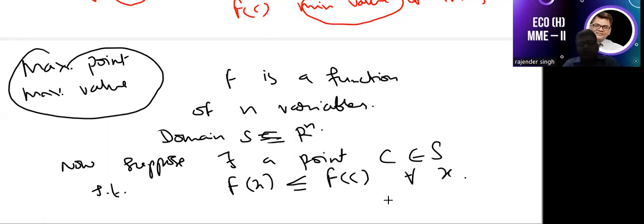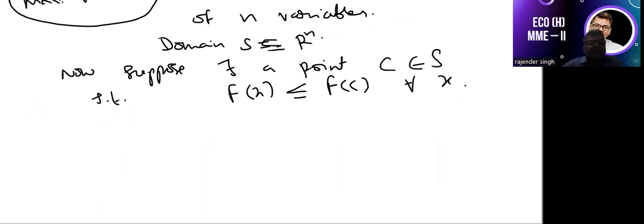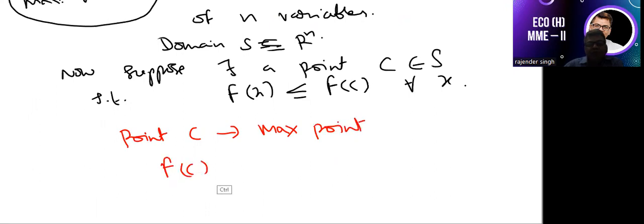It means the value of the function at point c is always greater than all the values of the function at other points. Then the point c is called the maximum point, and f of c is called the maximum value of the function.